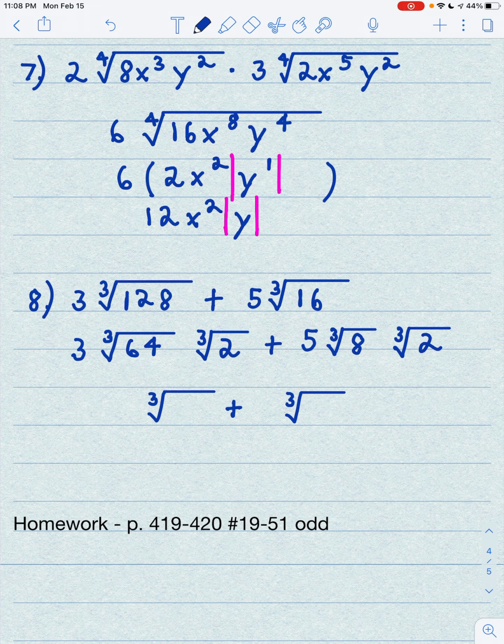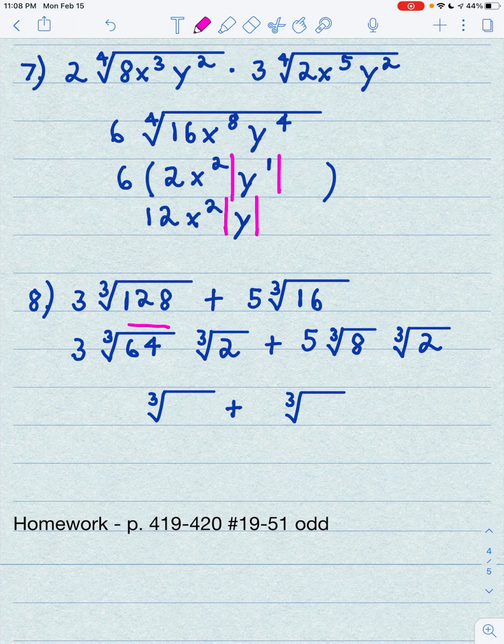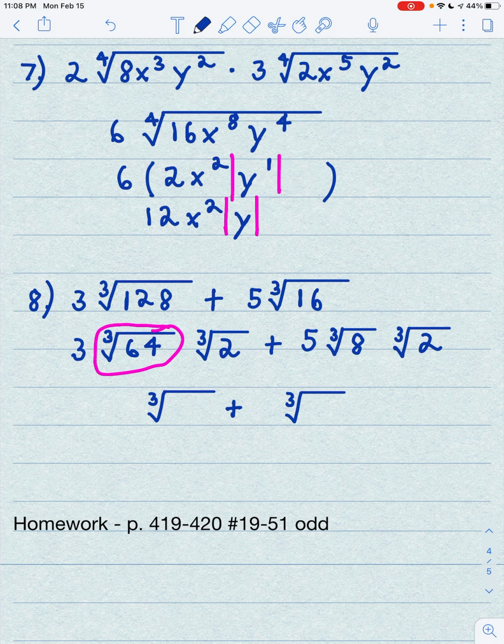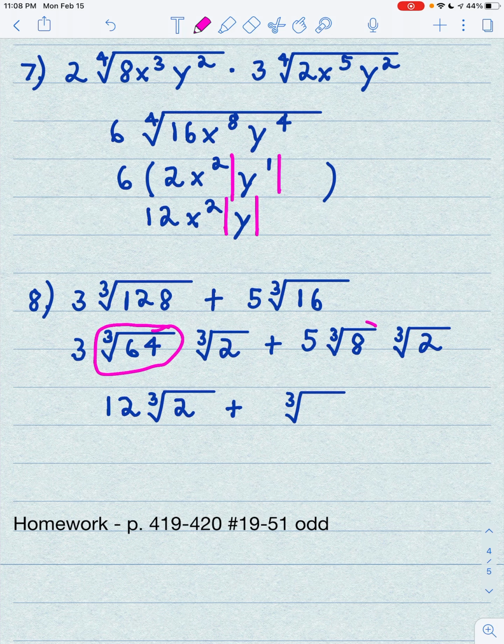So really, we have, if we simplify the cube root of 64, that's going to be 4. And 3 times 4 is 12. So we have 12 times the cube root of 2. And likewise, with the cube root of 8, we know that's 2.